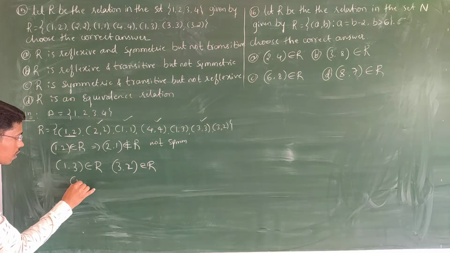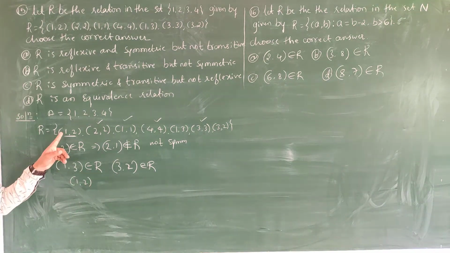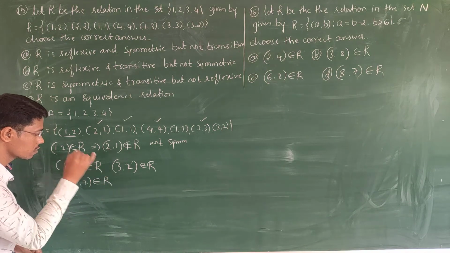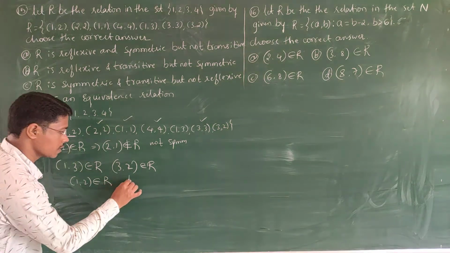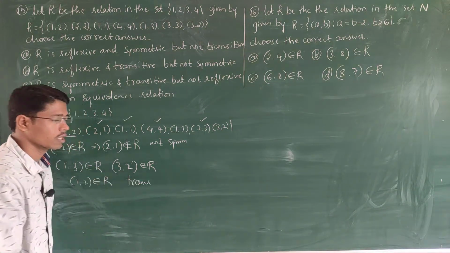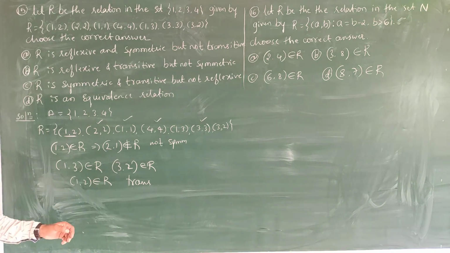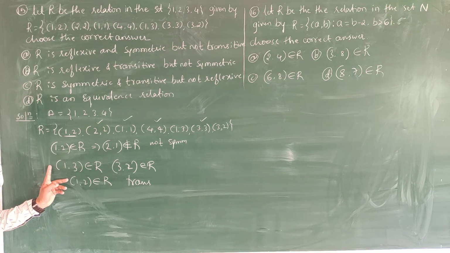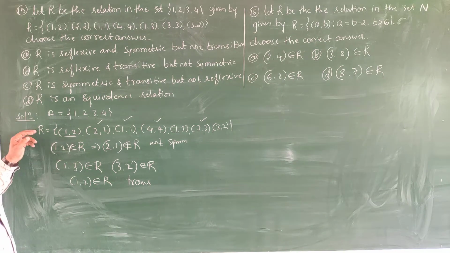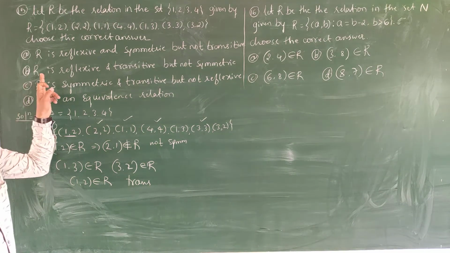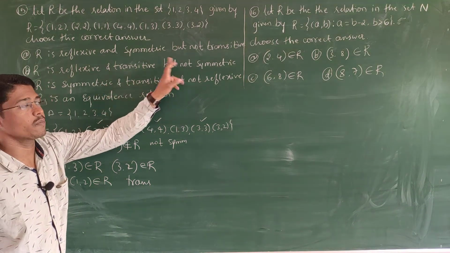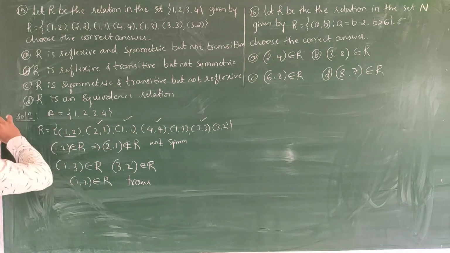That is (1, 2). (1, 2) is there, so it is present. (1, 2) also belongs to R. Therefore, it is transitive. So the given relation is reflexive, not symmetric, and transitive. See, reflexive, transitive, not symmetric. So option B is right.